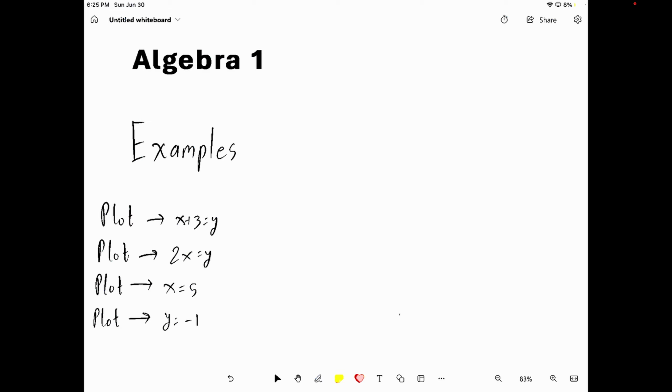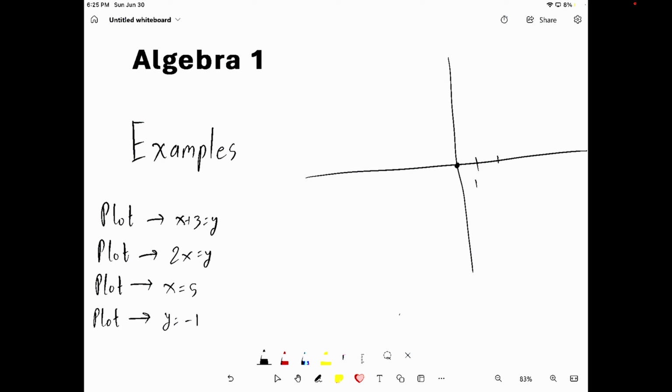x plus 3 is equal to y. First, let's draw the coordinate plane, the 2 axes. And of course, this is actually the origin, as you might have known from pre-algebra, 0, 0. So let's have 1, 2, 3, 4, 5, -1, -2, -3, -4, -5.